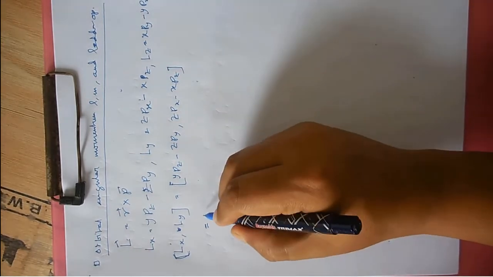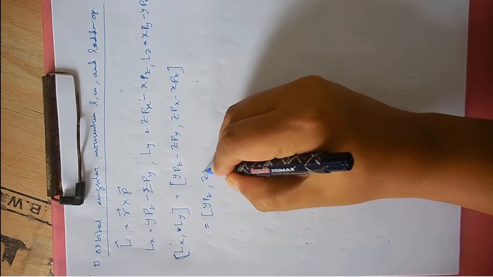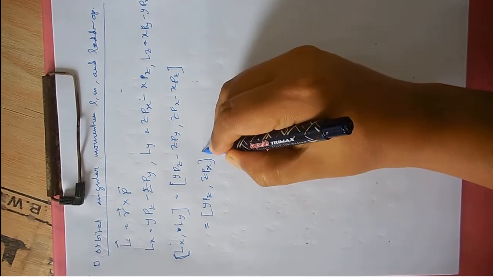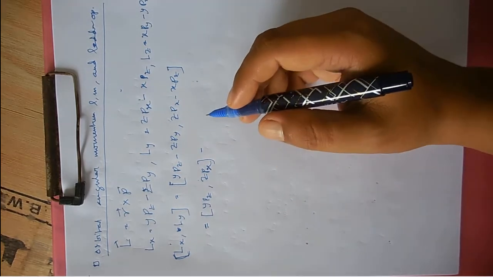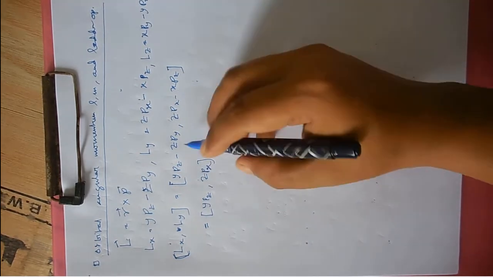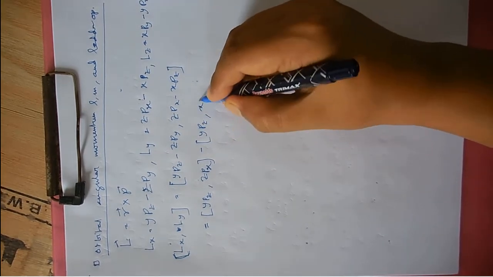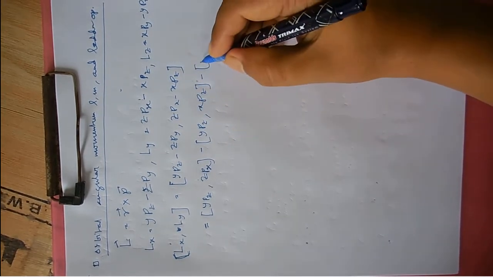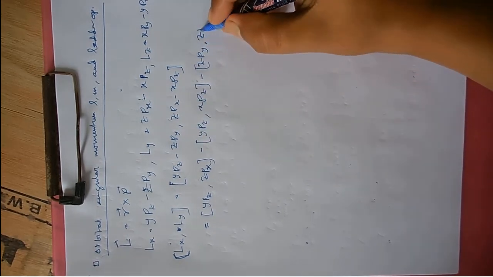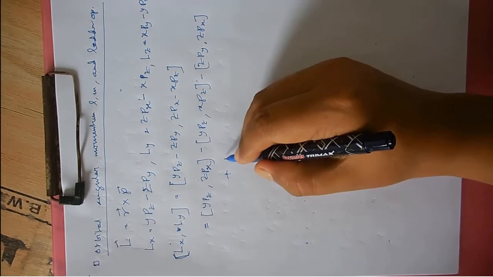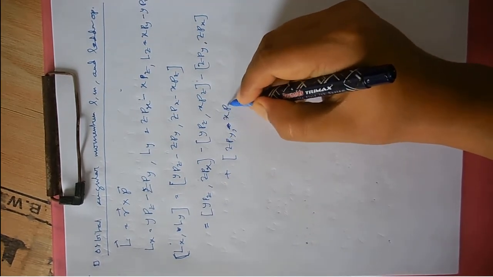So we will find, I will write: y pz z px minus y pz x pz, and similarly the next term z py z px, and finally the last term z py x pz. Fine.